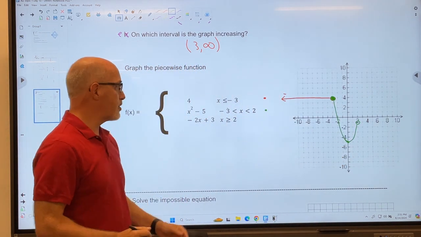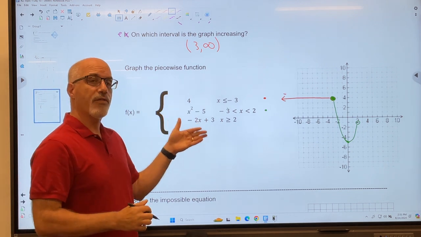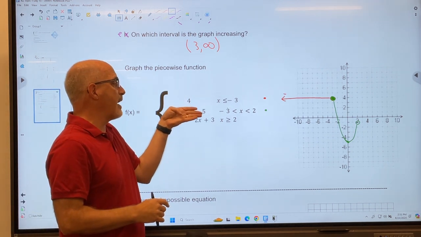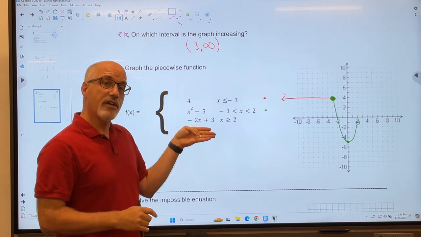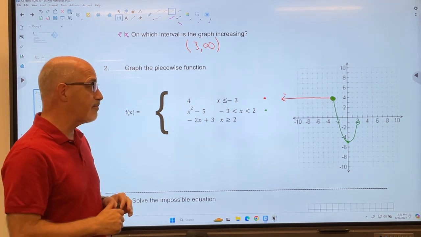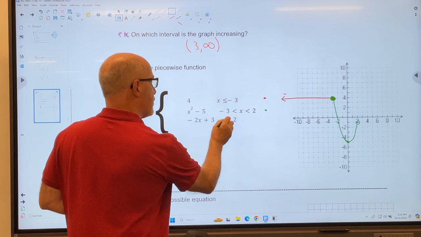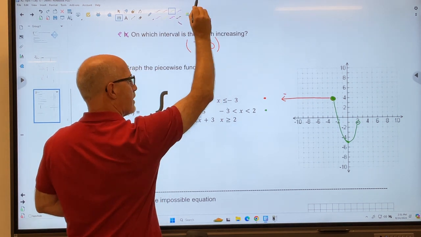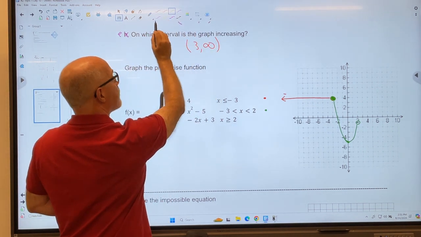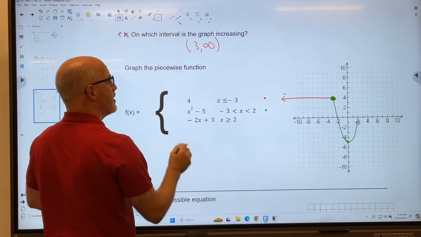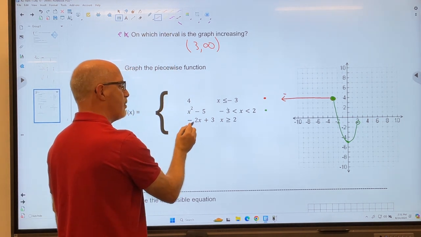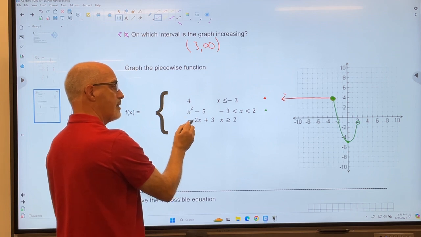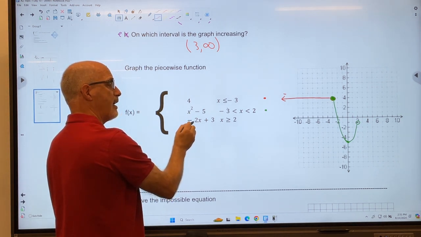Okay, interesting. Now, this part, you hopefully are getting the pattern. Horizontal line, parabola. This is a linear equation. It will look like a line. What I want to do is put in the 2. We'll do this one in purple. So put in the 2. -2 times 2 is equal to -4.